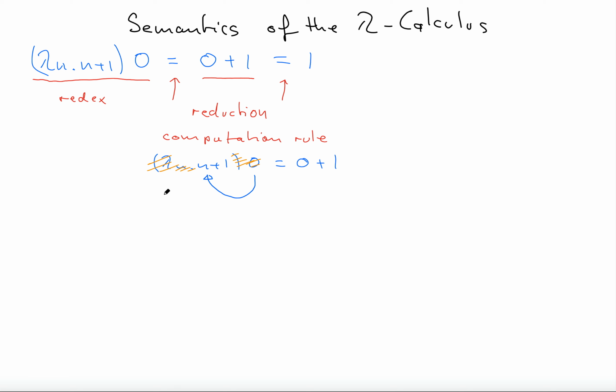This rule is called the beta rule for historical reasons. Sometimes you write a little beta down here to emphasize a reasoning step justified by the beta rule.